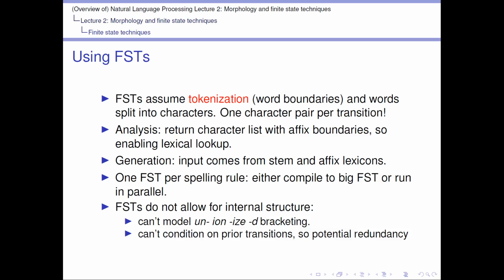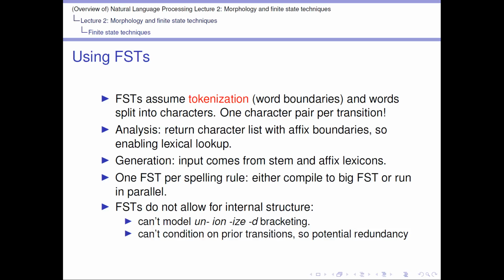So you could think of having a composition of finite state machines that takes you from the word itself and deals with the spelling rules, or the morphophonology, and another one that deals with the morphotactics, if you like, what it is that this stem and affix might actually mean. So you could think of a whole mapping process and composing them together.